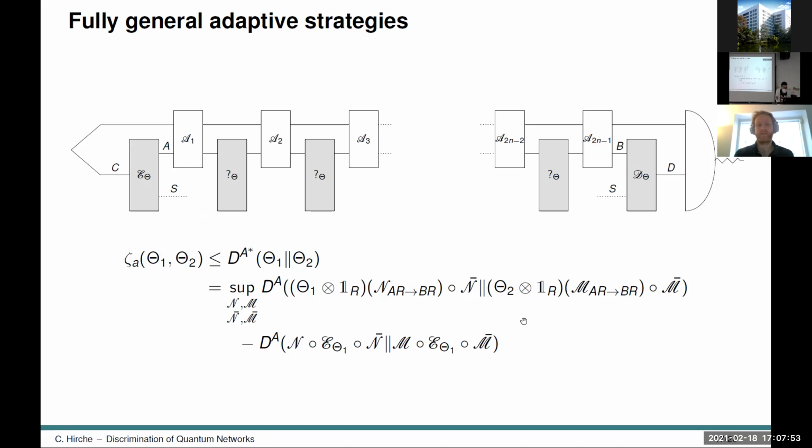As I said in the very beginning, you can think of superchannels as taking them apart into encoding and decoding operations. And now, to really cover all adaptive strategies, we do exactly that. Each of these gray blocks is one part of a superchannel. And for the strategy, we allow ourselves to pick any order of these parts of a superchannel.